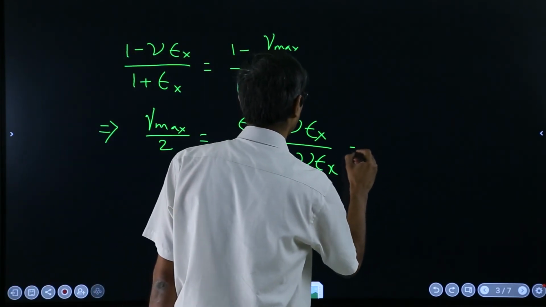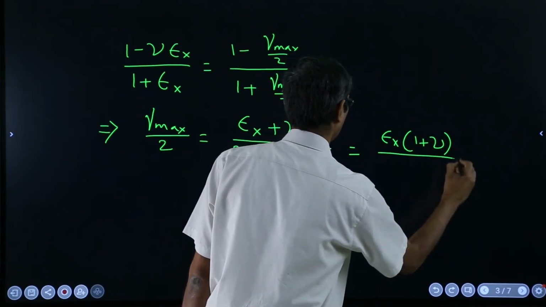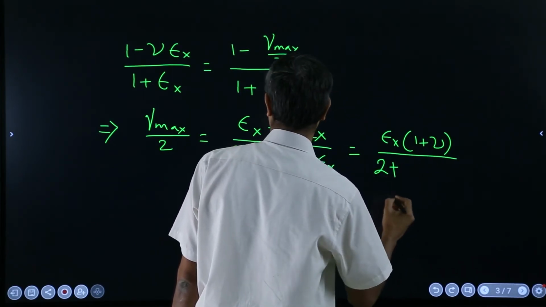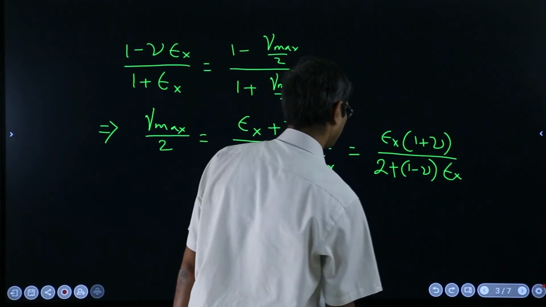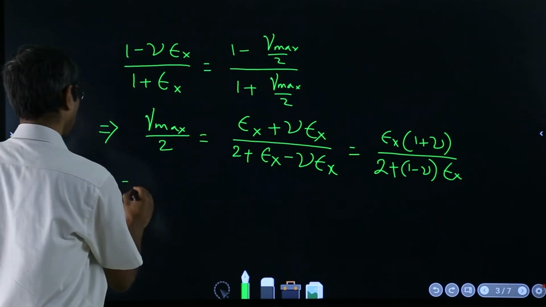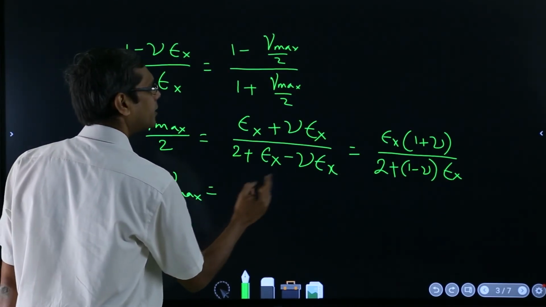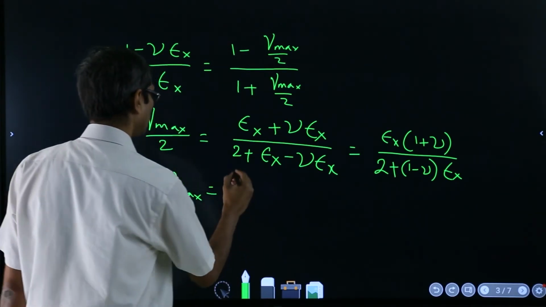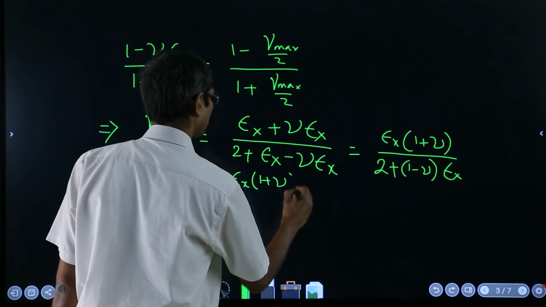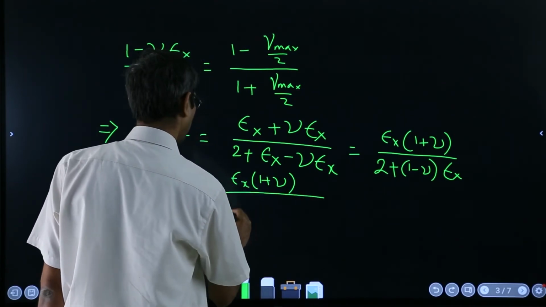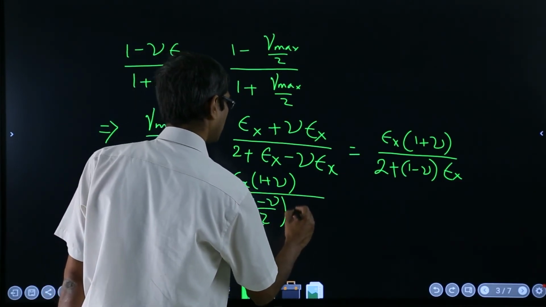Which is nothing but epsilon x times (1 plus nu) over 2 plus (1 minus nu) times epsilon x. That means I can say that your gamma max is equal to epsilon x times (1 plus nu) over 1 plus (1 minus nu) over 2 epsilon x, right?